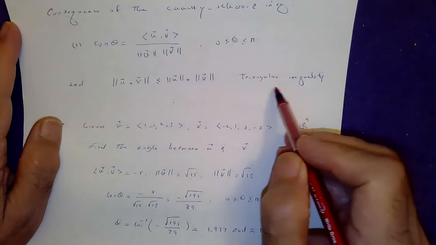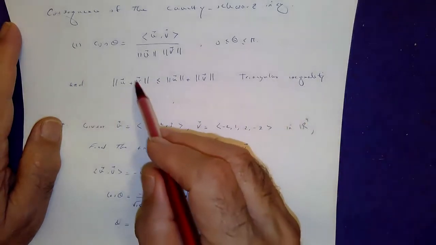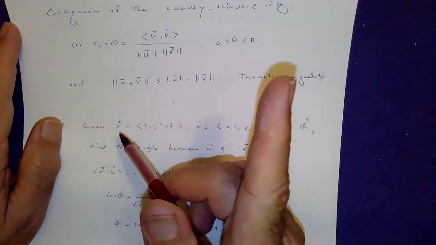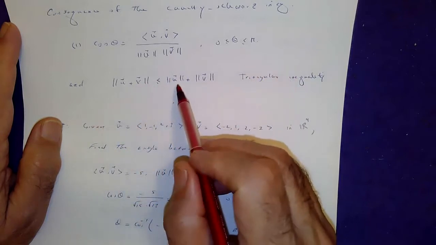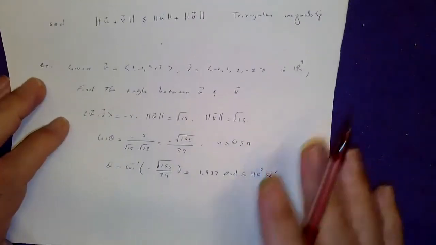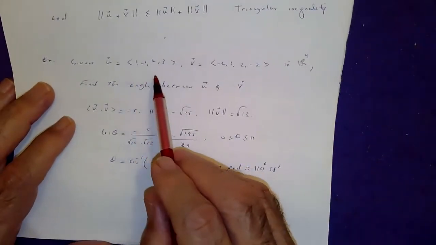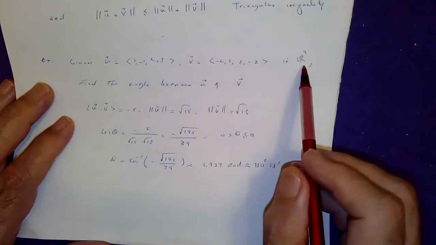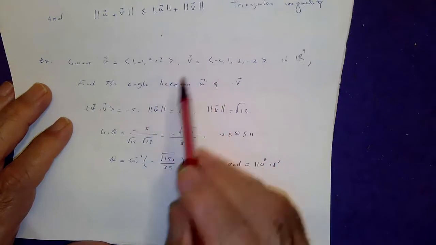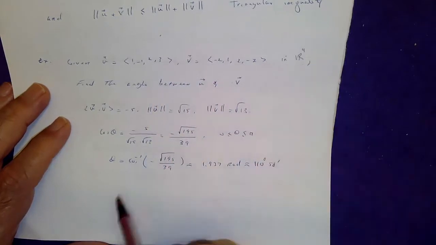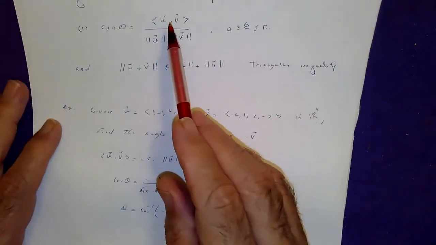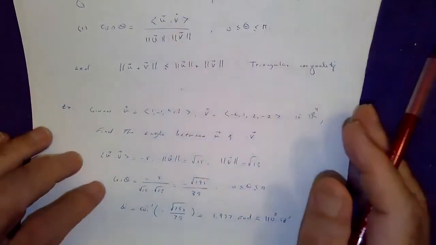We also have something called the triangle inequality, which means the magnitude of u plus v in an inner product space is less than or equal to the magnitude of u plus the magnitude of v. For instance, let's take a look at this example. You have two vectors in R4, so you're in four dimensions. How would you find the angle between these two vectors? Notice the formula is pretty much the same, except instead of the dot product, we have the inner product.